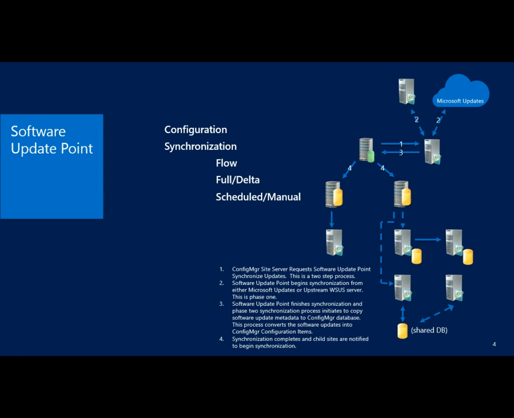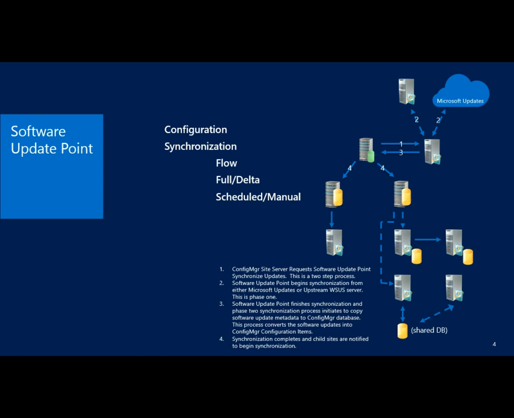Maybe there's been damage. Maybe you've had some deletion that's happened with some of the data needed for that software update. So the full sync will actually go through and have a chance to repair those items. By contrast, the delta sync will not do that. So it has no option to go through and repair updates from a previous synchronization attempt.